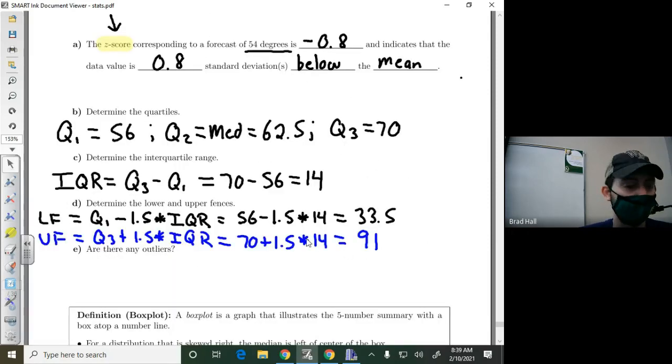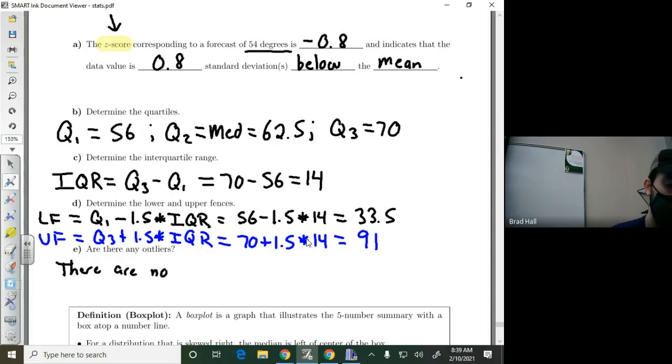Now, give it a few months, and we'll have plenty of outliers by this logic, plenty of over 91 degree days. But in this problem, there are no data values that exceed 91 or fall below 33.5, and that's how you interpret that.